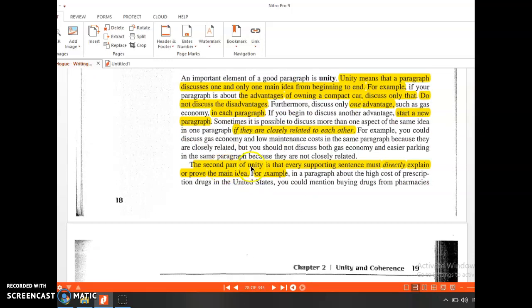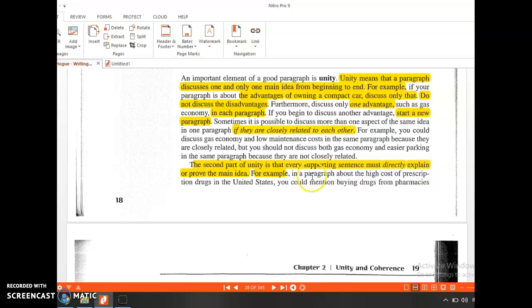The second part of unity is that every supporting sentence must directly explain or prove the main idea. Okay, so when you are writing a paragraph, of course you are going to write a topic sentence, right? Now the supporting sentences, which come after the topic sentence, must directly explain or prove that main idea.